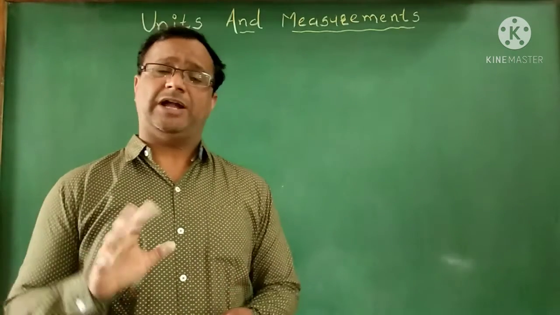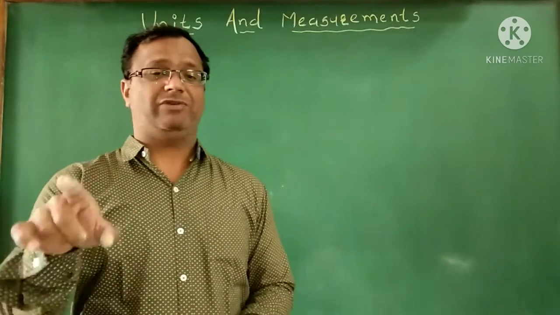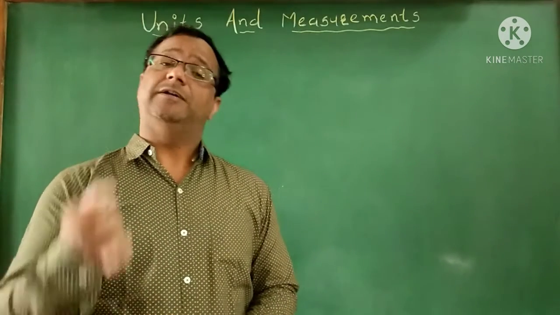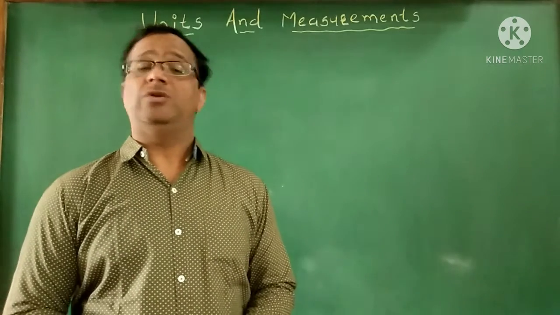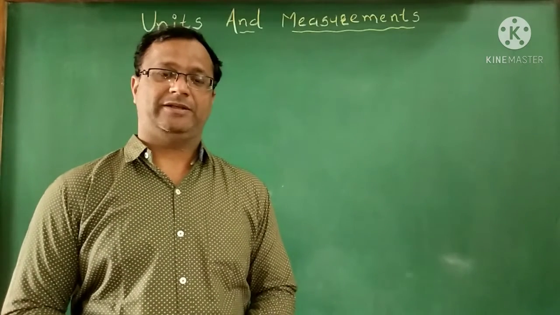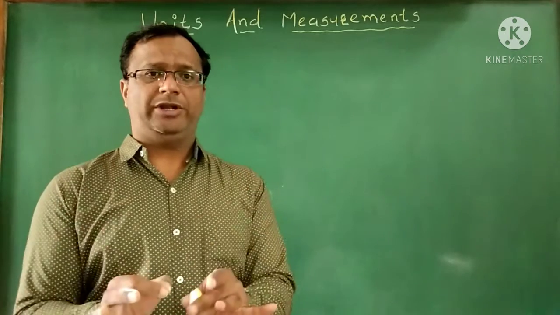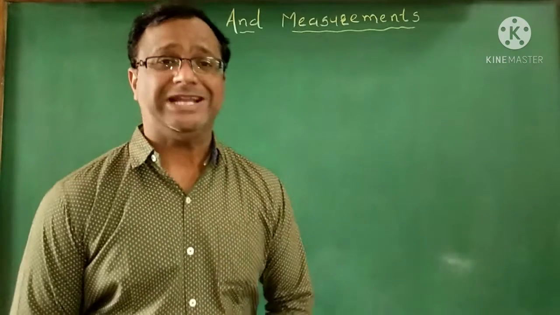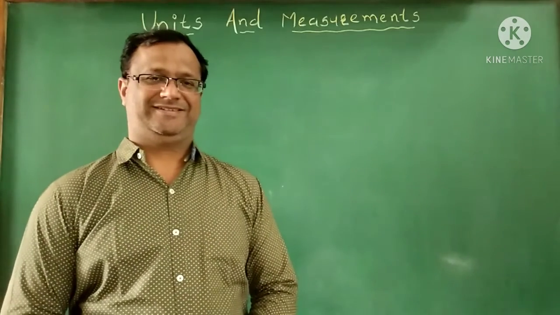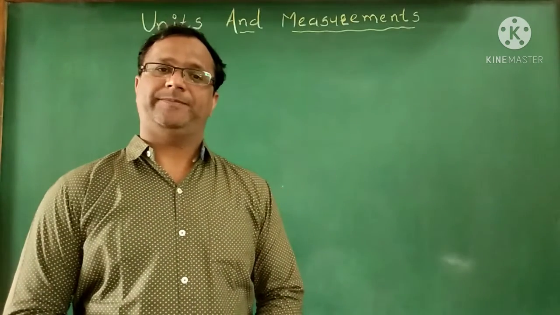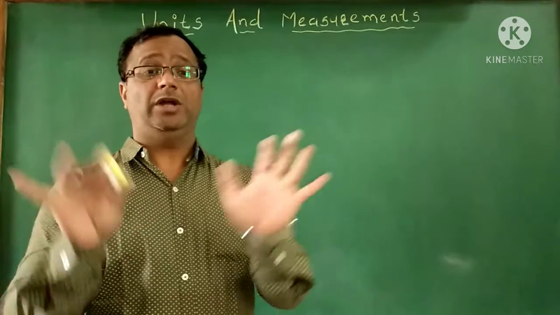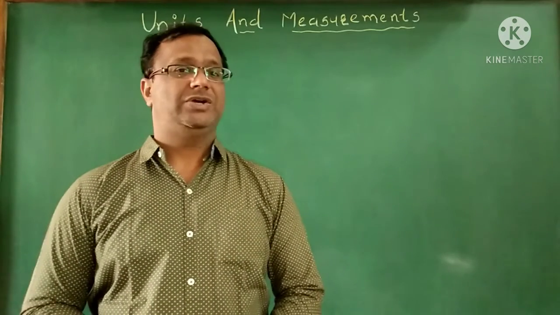All these quantities are measurable. So that's why these are called physical quantities. And the second one is the non-physical quantity. Non-physical means the quantity which is not measurable. Right? But today we want to learn about the physical quantity.